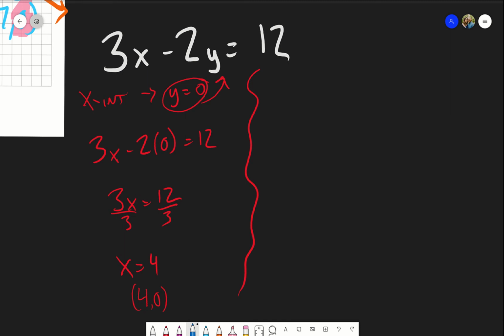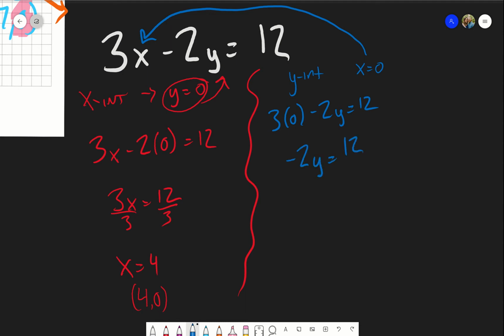I can do the same thing for my y-intercept. I know that x equals 0, so I substitute that in to give me 3 times 0 minus 2y equals 12. 3 times 0 is 0, so I have negative 2y equals 12.